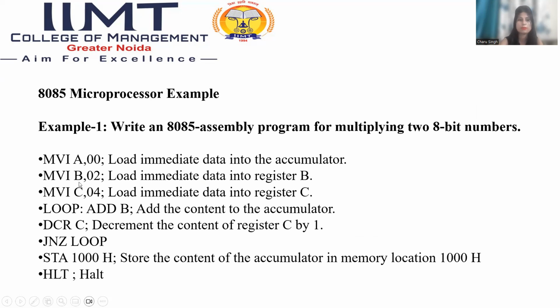Then MVI B, 02, load immediate data into register B. Then MVI C, 04, load immediate data into register C. Then loop: ADD B adds the content of B to the accumulator, then DCR C will decrement the content of register C by 1. Then JNZ loop, then STA 1000H will store the content of the accumulator in memory location 1000H, and then HLT, that means halt.